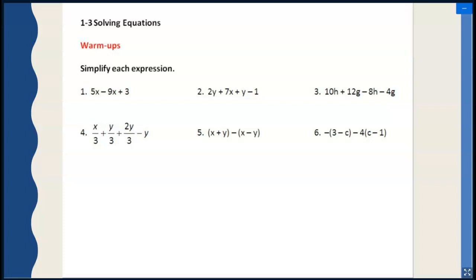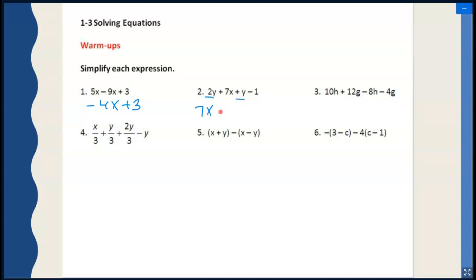You have 5x minus 9x plus 3, so we combine like terms. And you get negative 4x plus 3. In number 2, 7x has no like terms.